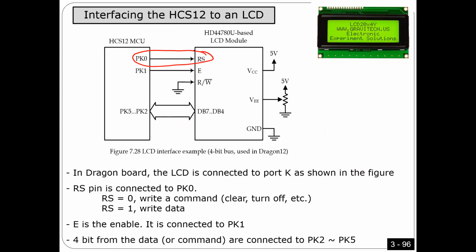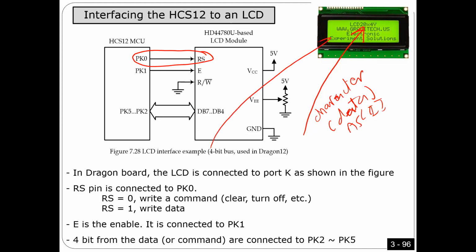Look here, guys. Actually, what we send to the LCD, we can send a character to the LCD. That's what we call data. You can send data or a character, and this one has to be ASCII, as I explained, right? Also, that's what I didn't explain yet, you can send a command.